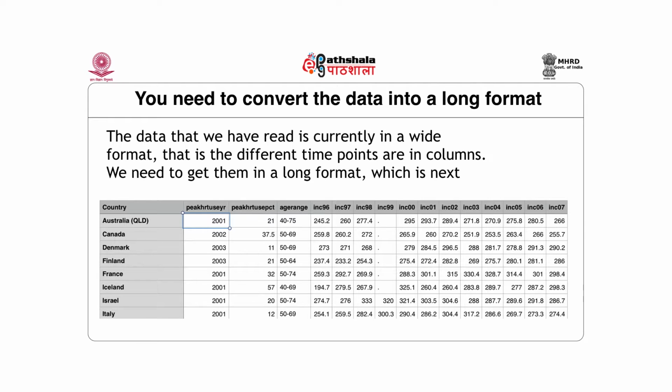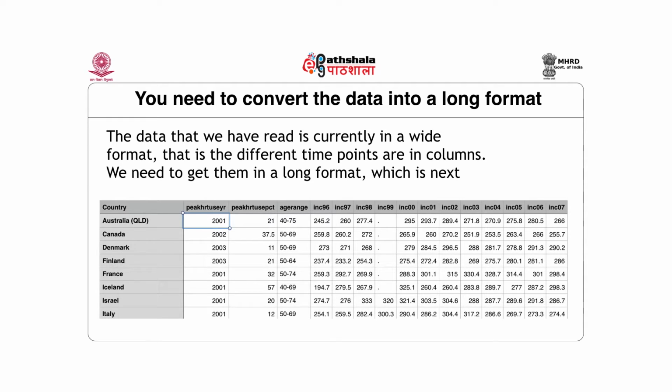It's represented here in the form of a number, and it will be read like that, but that is when it reached a peak. And then you see what were the percentages in which the year reached their peak. And then you see the age ranges of those countries in which mammography-based breast screening programs are started.